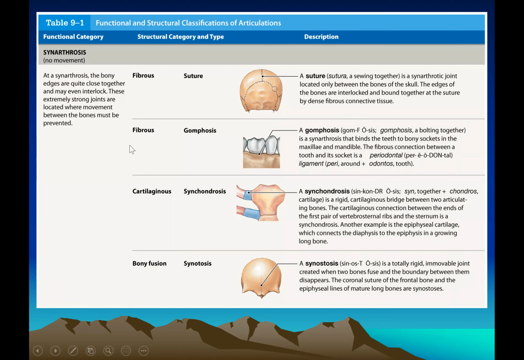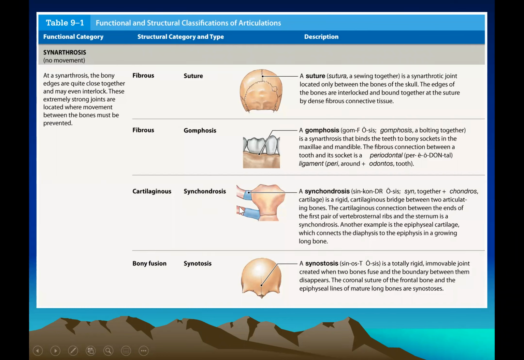Another synarthrotic joint is where the bone anchors into the periodontal cavity in your mandible and your maxilla, held together by dense fibrous connective tissue. That is called gomphoses. When cartilage is holding the bones together, it's called synchondrosis.